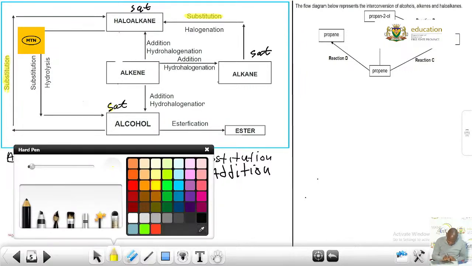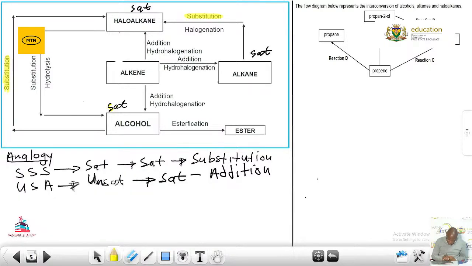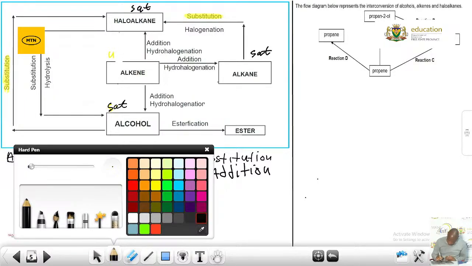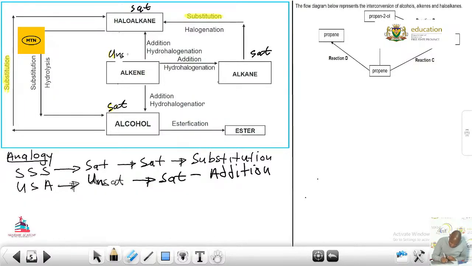Let me check if I can now use the USA, the unsaturated to saturated analogy. I must start from unsaturated, which is my double bond. If I am moving from unsaturated to saturated, looking at the haloalkane, that reaction must be addition.